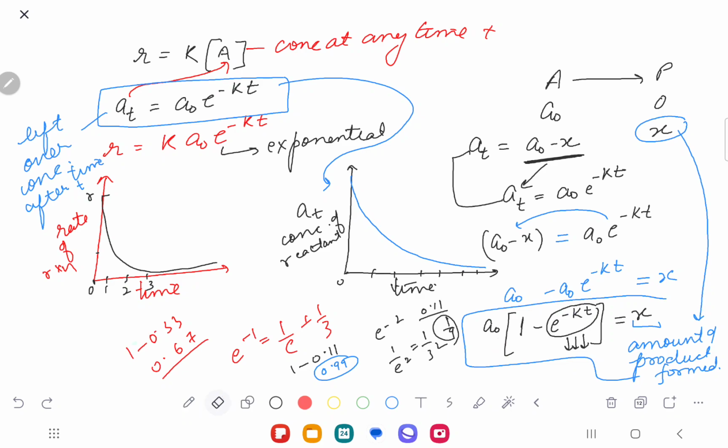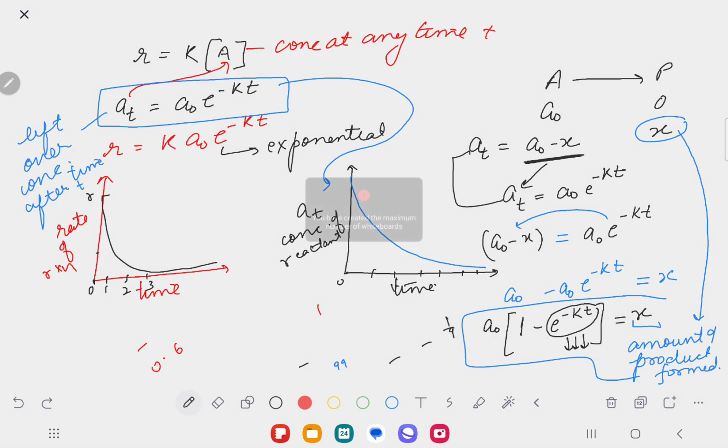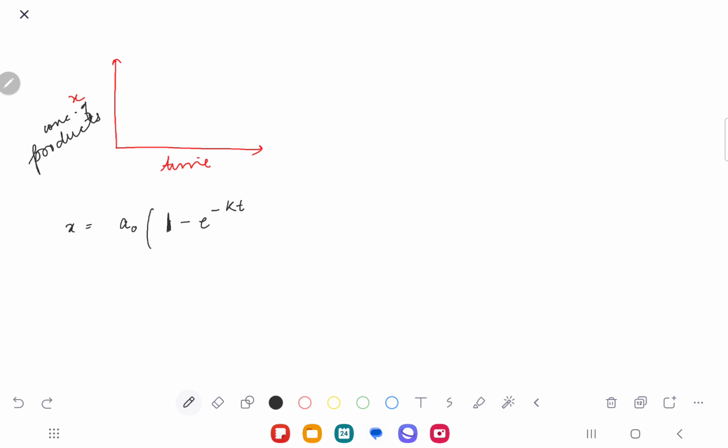So when this happened, how would the graph of the concentration of products versus time look? So x versus time. What is x here for me? X, I'm representing the concentration of products. X is A naught into 1 minus e raised to power minus kt. So with time, that is increasing.